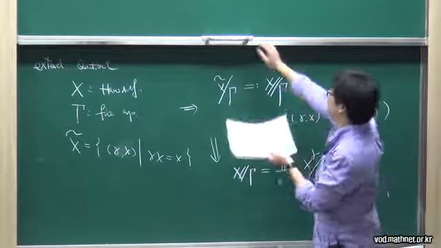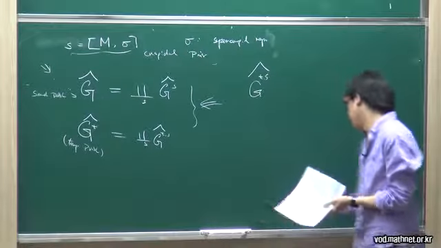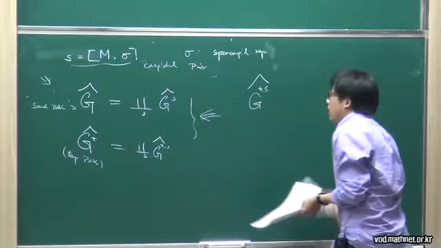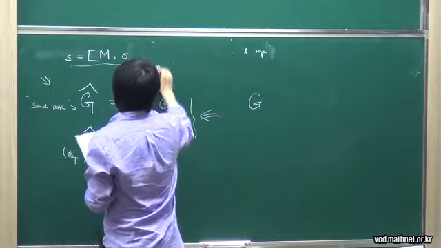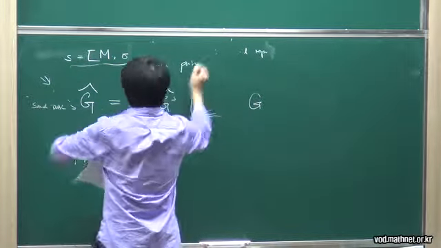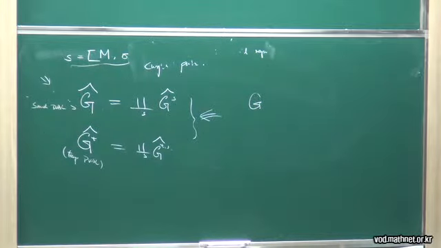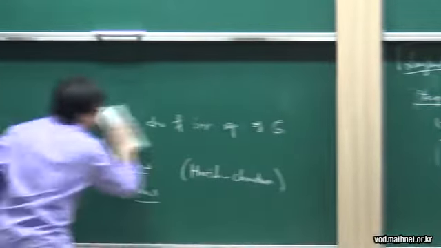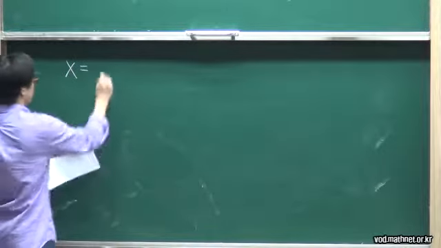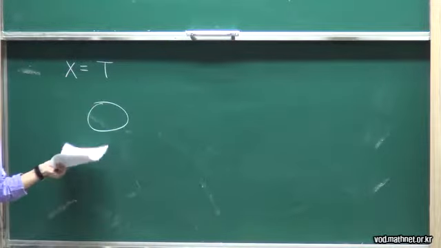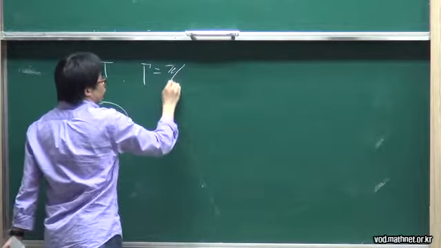So maybe this is very abstract. Now I would like to give an example for this extended quotient. For example, we will choose X to be the unit circle, I mean the circle, and gamma is Z over 2Z.